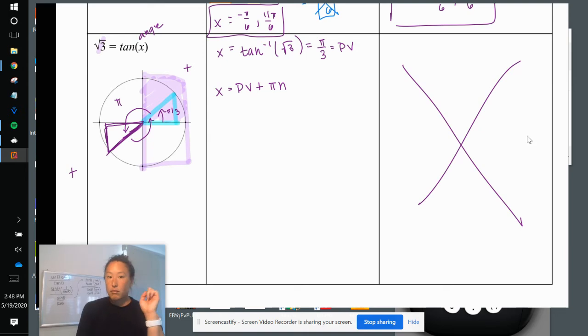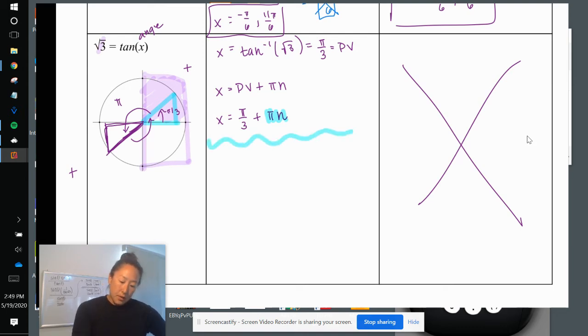So tangent's the best because it has one equation to solve for all of its angles that make its equation true. So x, the angle, is equal to pi over 3 plus pi n. And this gives us our coterminal angles and all those angles that we needed to solve for in the other quadrants.